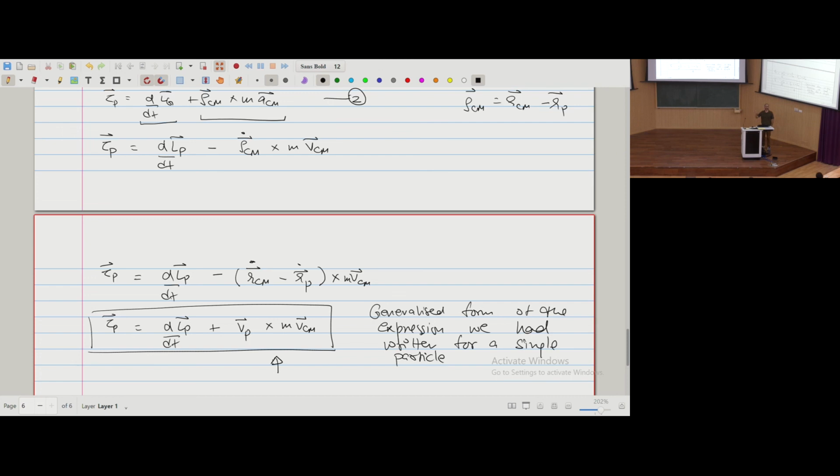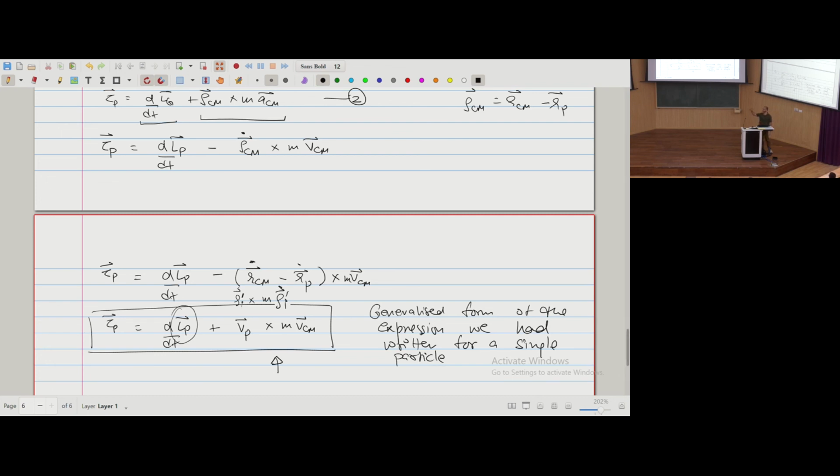But this is more general. So there is more to it. So till now what we did was we calculated LP in the absolute sense. That is, it was rho prime cross M VI. We can also calculate LP in a relative sense, where instead of VI you have rho I prime dot.